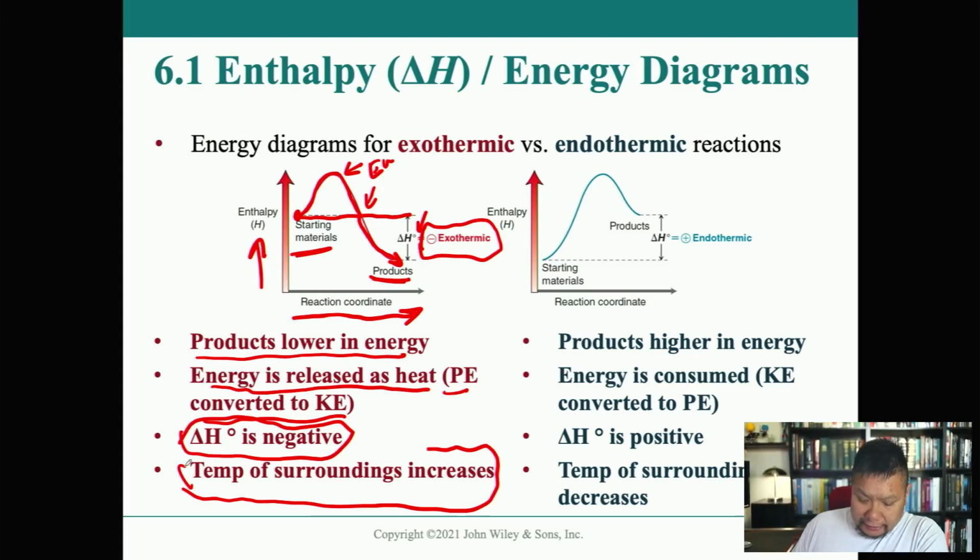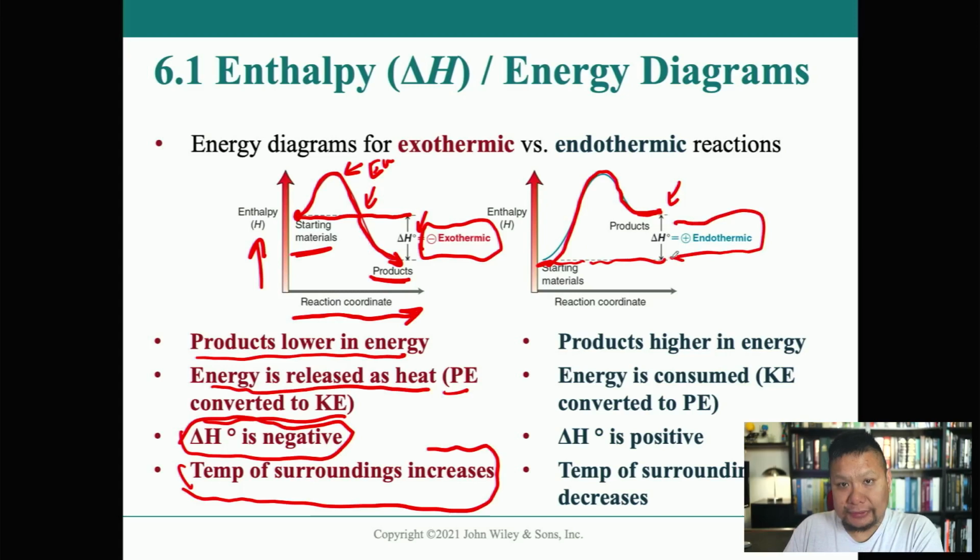On the other hand, we have endothermic reactions. The thing to notice here is that the starting material is already low in energy. It still has to go up and over the activation energy, but the end products are higher in energy, in enthalpy, than the starting materials. That's why in an endothermic reaction the delta H is positive.